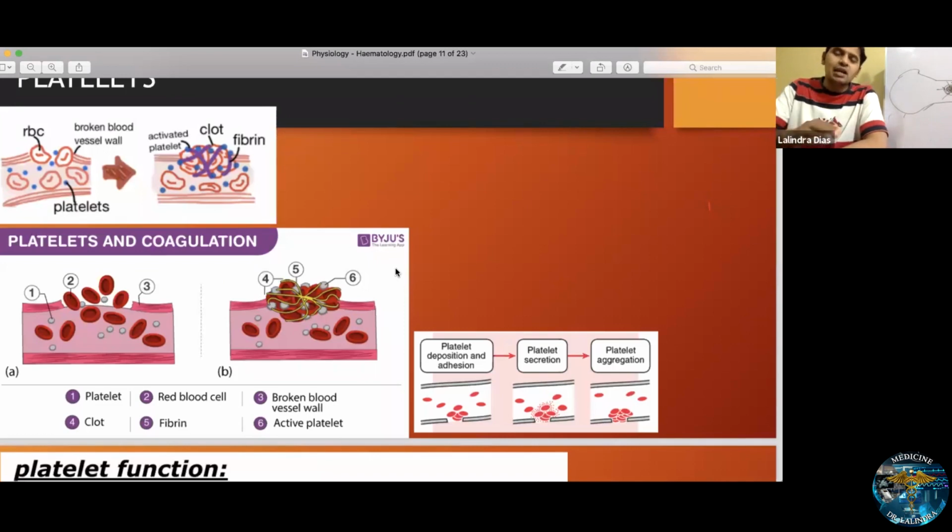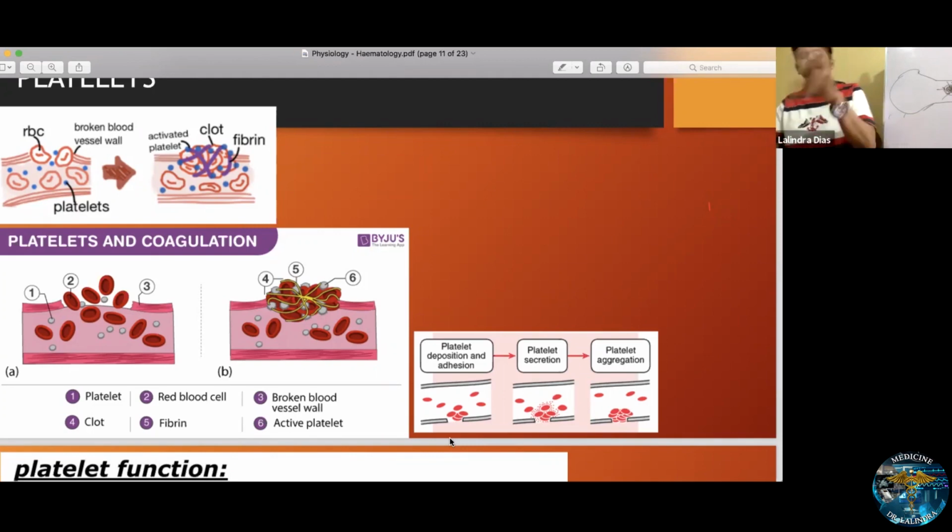So what happens is, whenever you get an injury, you get this fibrin clot being formed. We are going to teach you that in a short while, how the fibrin clot is formed. So you get a fibrin clot, a fibrin strand, and in that fibrin strand, the platelets get embedded. So initially you have what is called adhesion of platelets to that defective site with the help of von Willebrand factor.